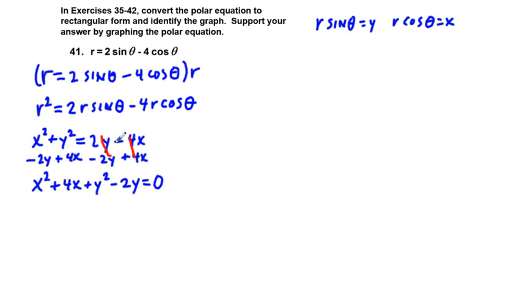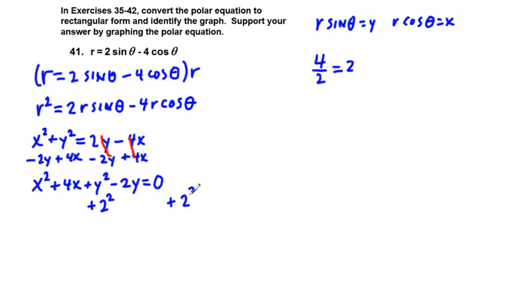Now, in completing the square for this x, if we take this 4 and divide that by 2, we're going to get 2. So we're going to have to add 2 squared to both sides of this equation to make out of this x squared, x form a perfect square.